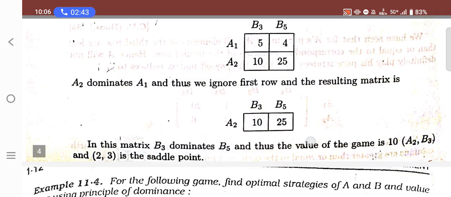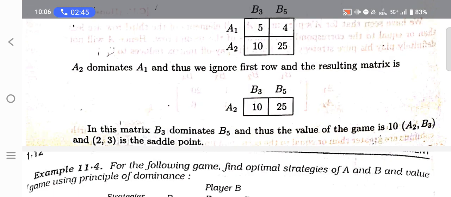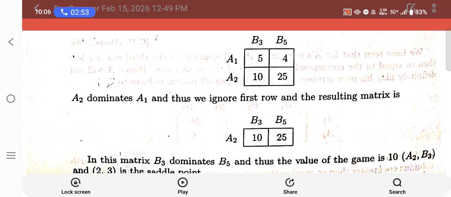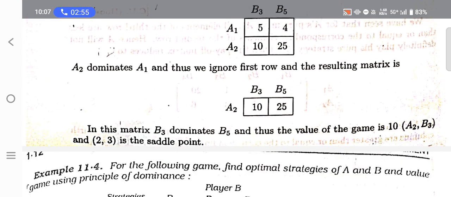Player A with the A2 strategy and player B with B3 and B5 strategy. So in the payoff matrix, the B3 dominates the B5. Actually, the B3 value for the player B, it will be good for him because the player B always tries to minimize his losses.